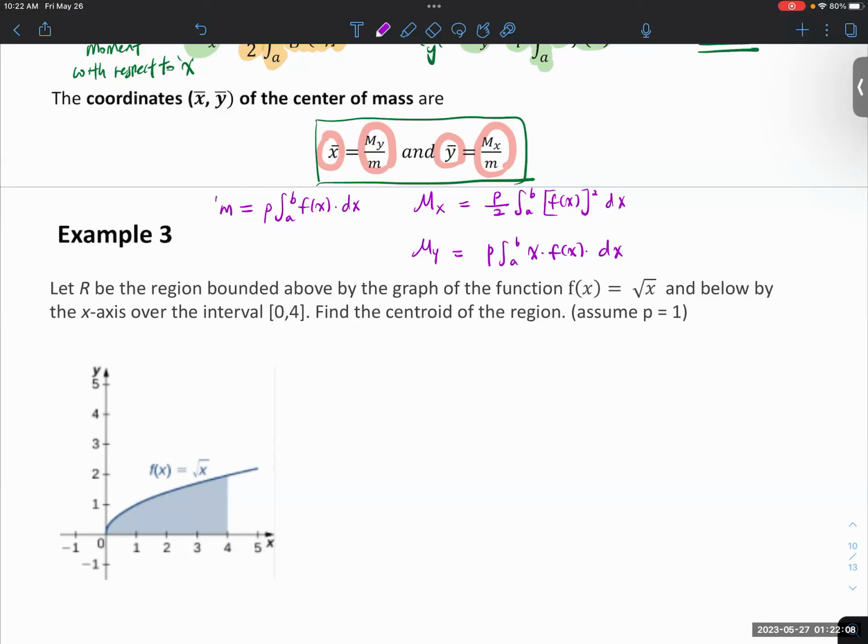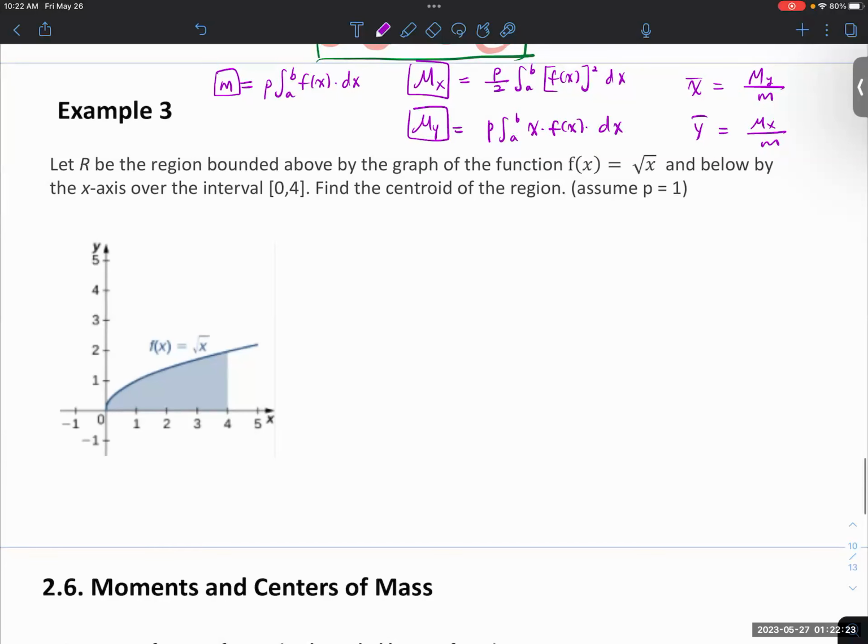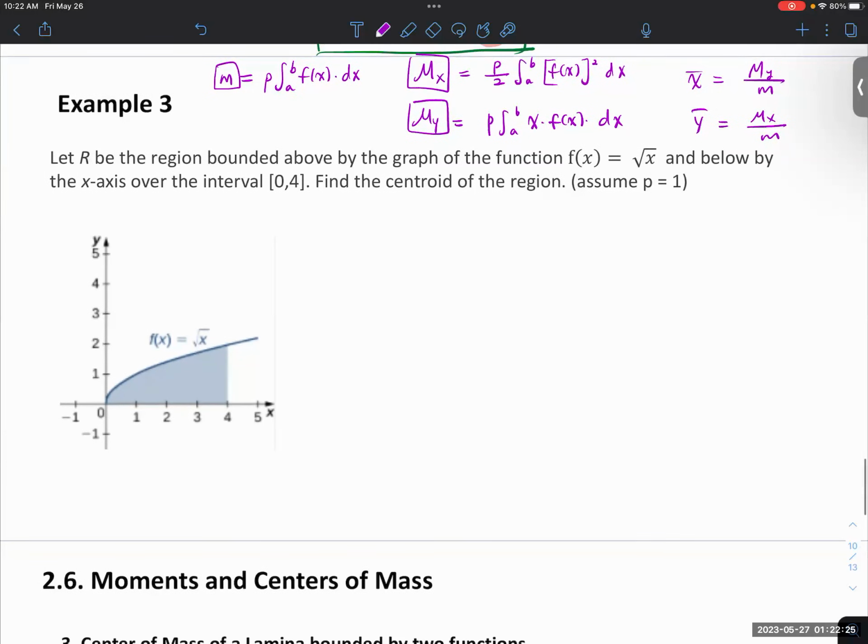Once you find those three pieces of information, then x bar will be My over m, and y bar will be Mx over m. So you're going to utilize these formulas to solve the following question. Let R be the region bounded above by the graph of the function f of x equal to radical x, and below by the x-axis, from 0 to 4. Find the centroid.